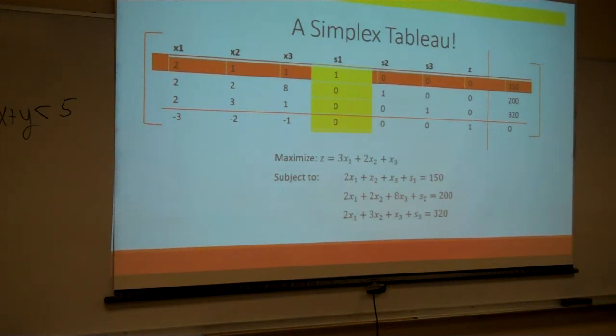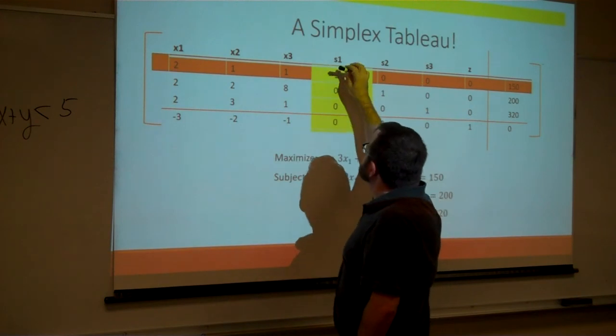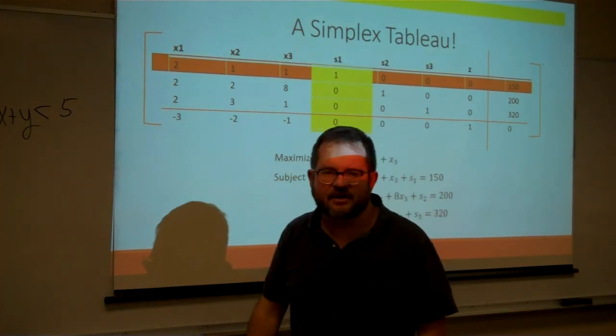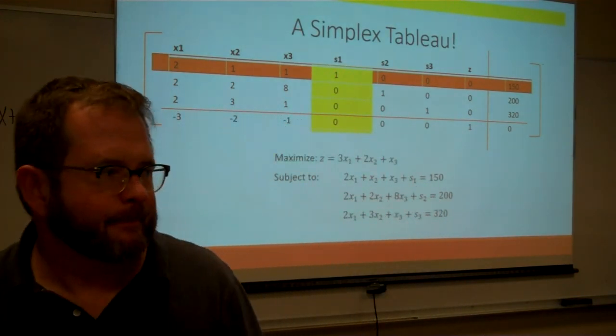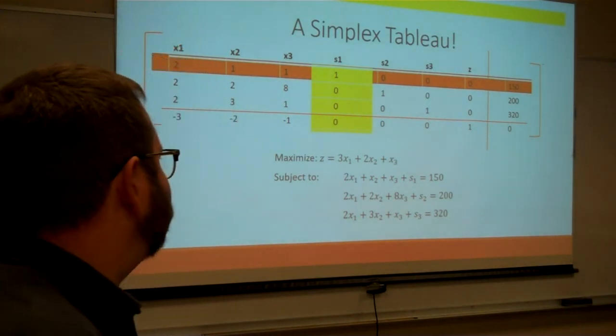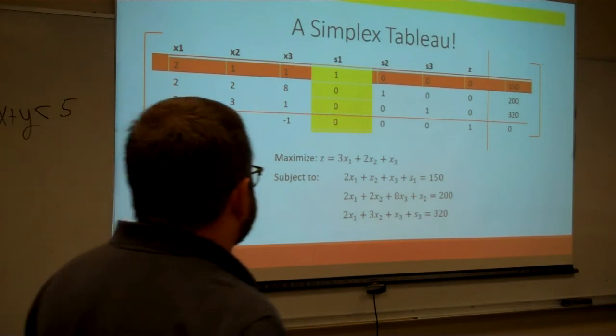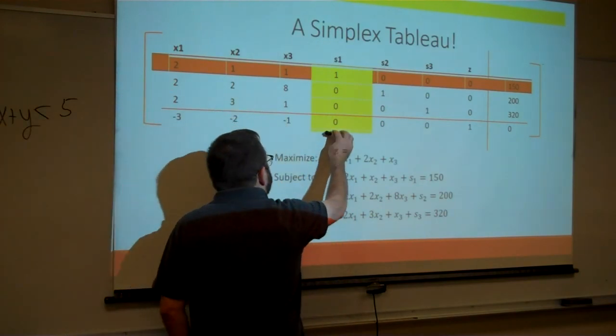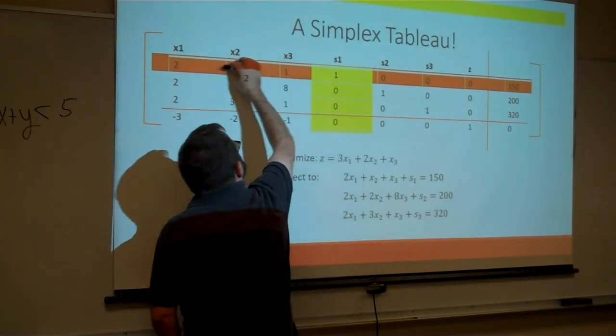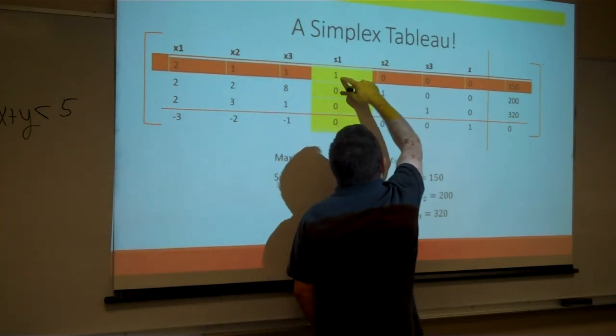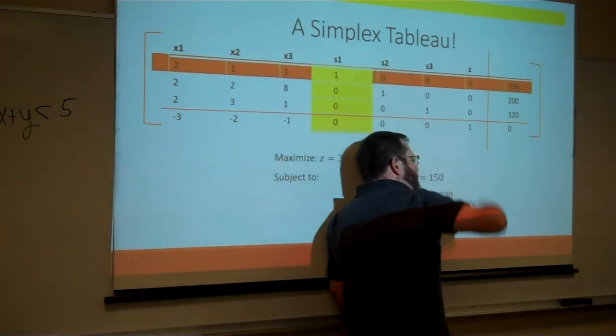What you do is you take one of the columns that is a basic variable, and you find the entry in it that is the non-zero one, like this case right here. Great. That row is important then: the row in which, for the basic variable, the non-zero happened.